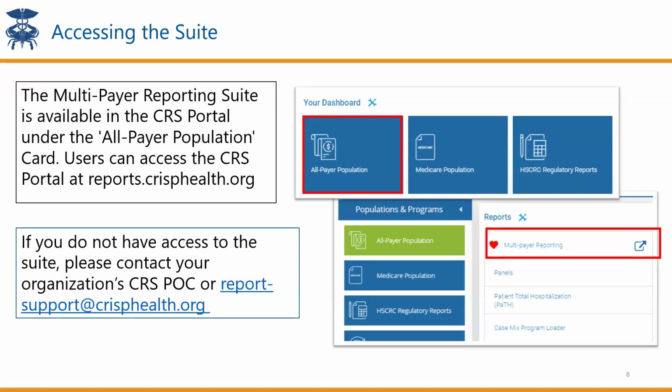If you do not have access to the report, or if you are having trouble accessing it, please contact your organization's CRISP Reporting Services point of contact. If you don't know who that is, please contact report-support@crisphealth.org. This is the CRISP Reporting Services support email, and we will be able to get back to you and help you out with any issues you're having.